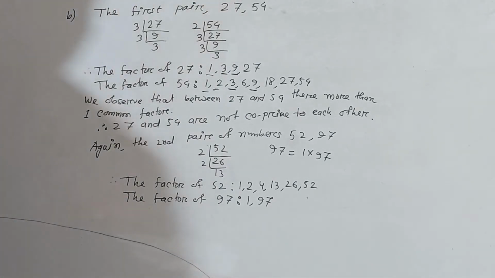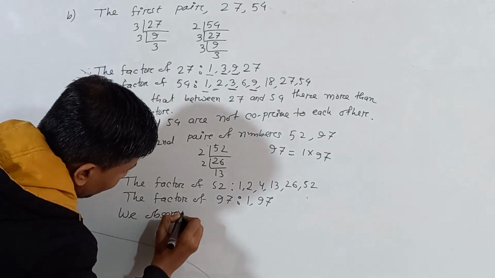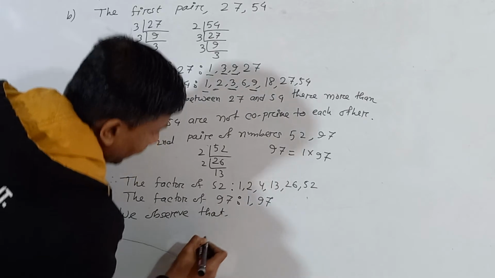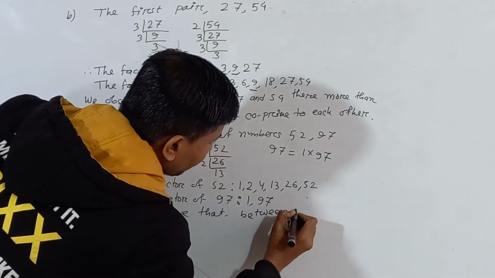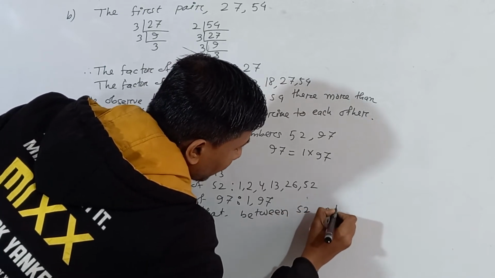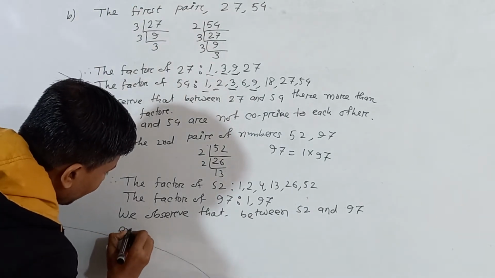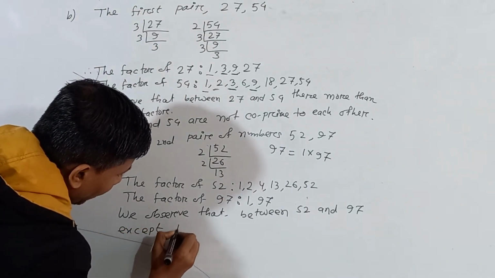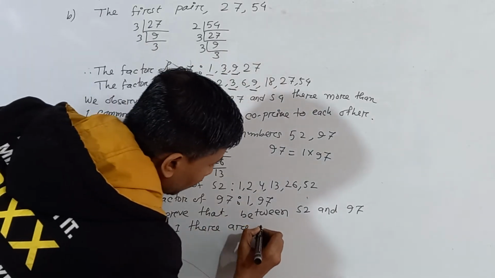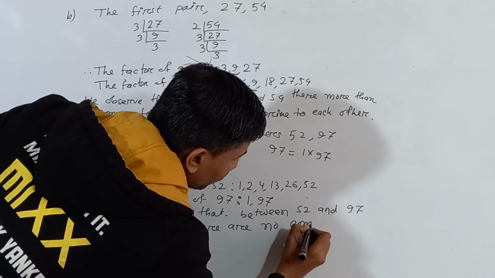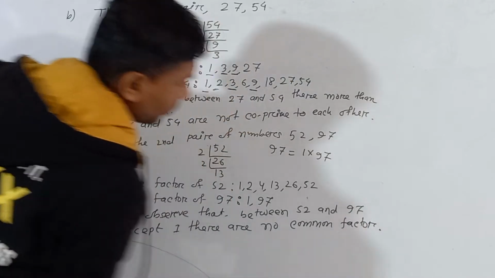Okay, student, we observe that between 52 and 97, except one, there are no common factors.